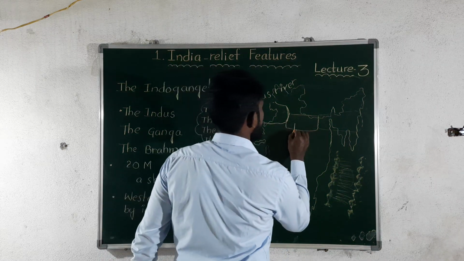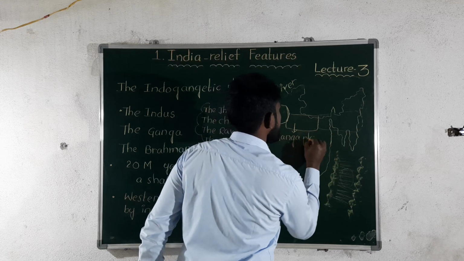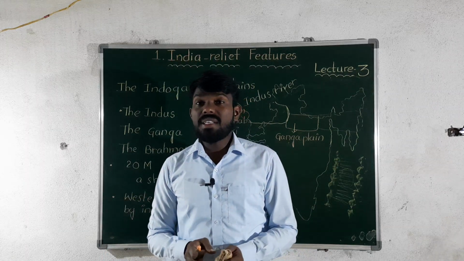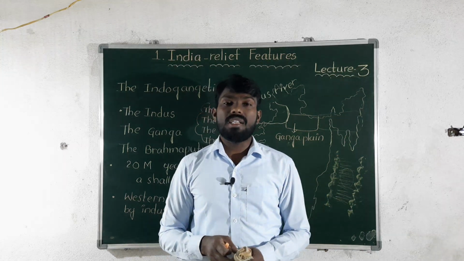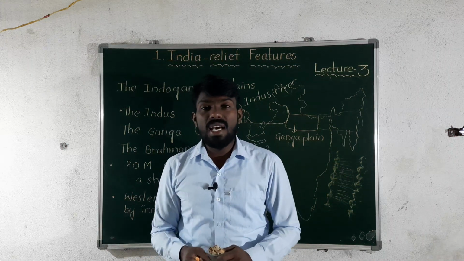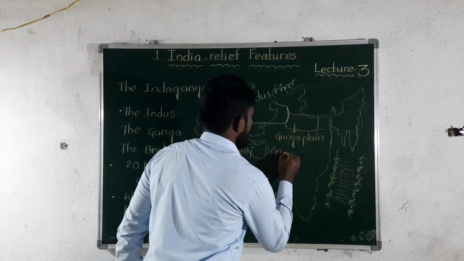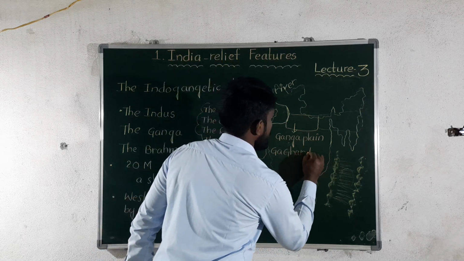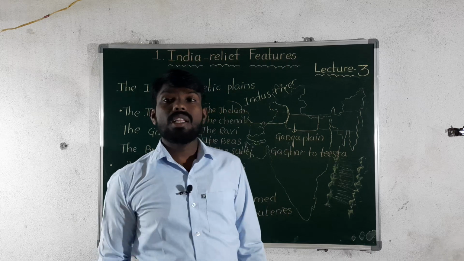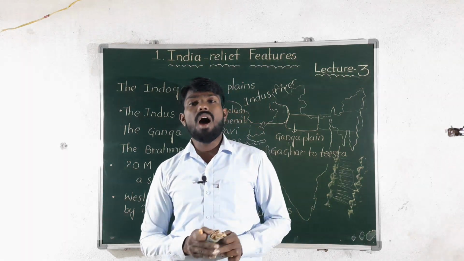It extends from the Ganga River to the Tista River, mainly spread in Uttar Pradesh and Bihar.